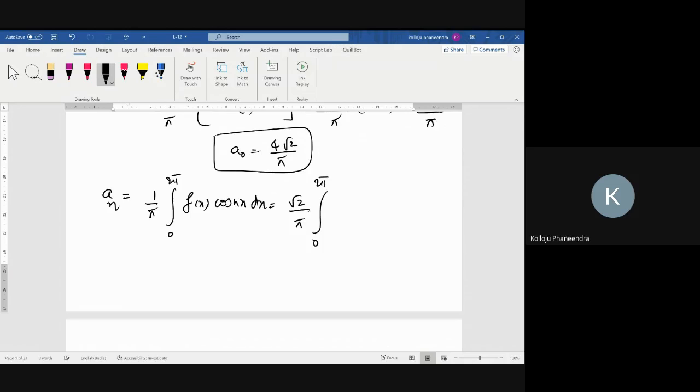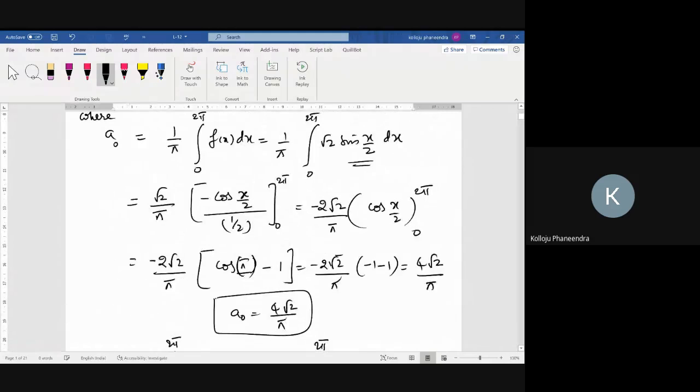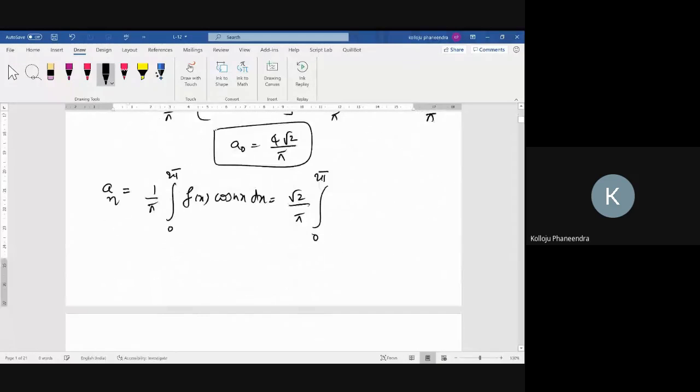What is f of x? Root 2 into sine x by 2, root 2 outside. So sine x by 2 into cos nx dx. Now here multiply and divide by 2. This is sin a cos b, with a value x by 2 and b value nx.